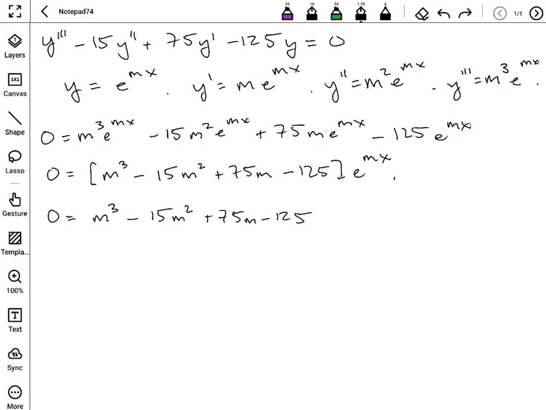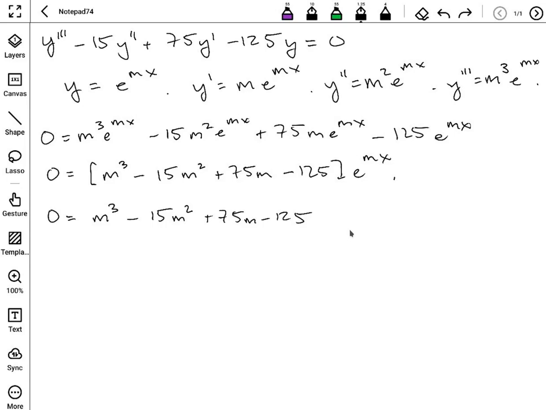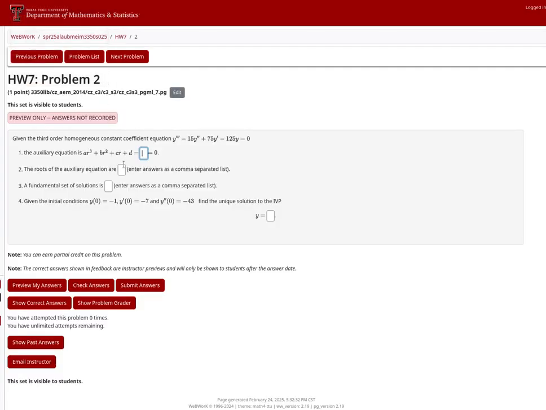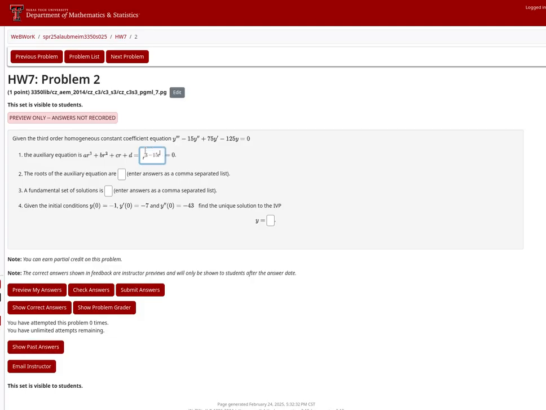And on WebWork, the first problem would just be to type in that equation that I just did. WebWork uses r's, I used m, but this is what you would put in, except for replacing m with r. I guess I'll go ahead and put my answers in as we go, that way, if anything goes wrong, we'll learn that.